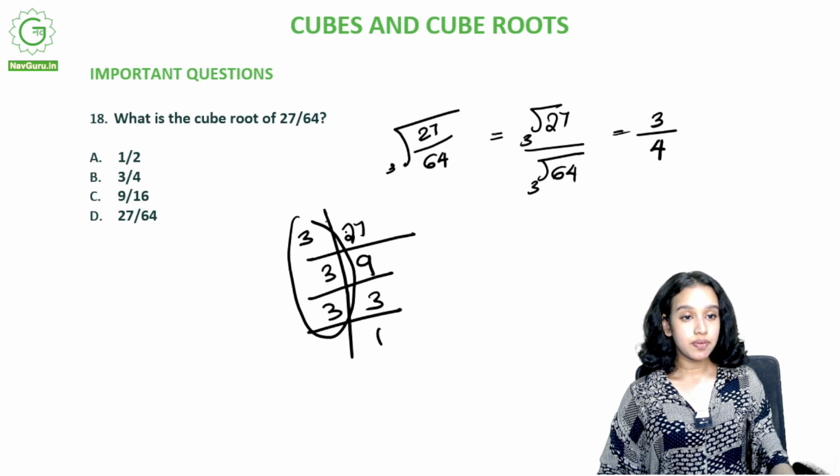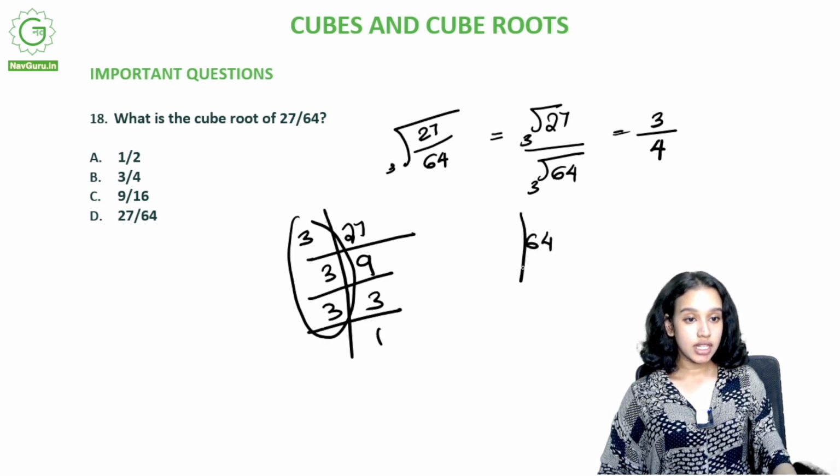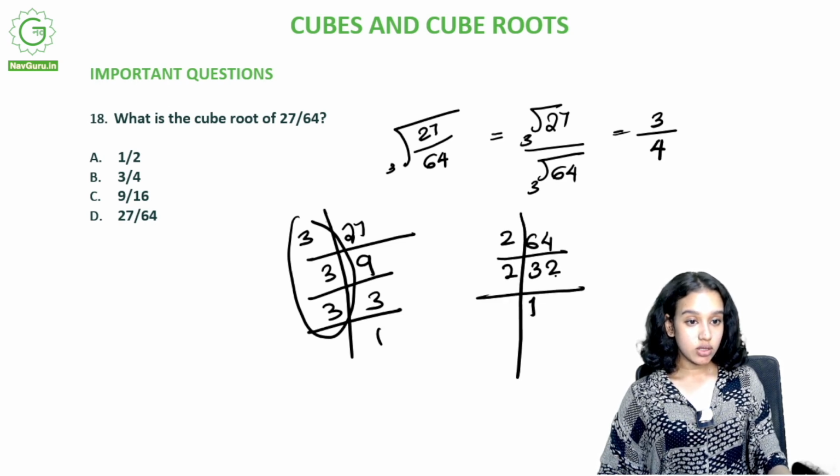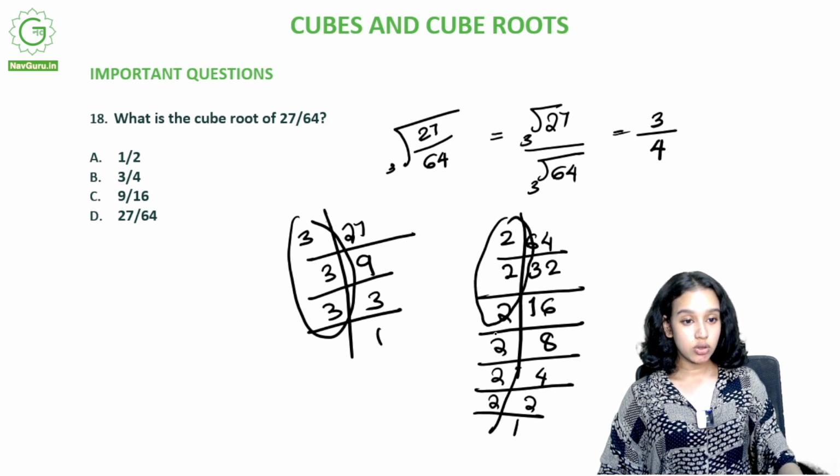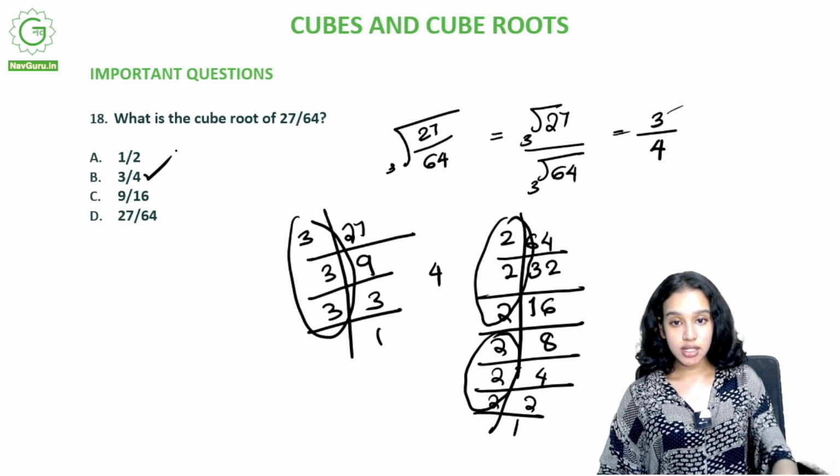So, it's 3. And 64 is 2, 32, 16, 8, 4, 2, 1. So, it's triplets of 2, which is 4. So, we get 3 by 4 as the answer.